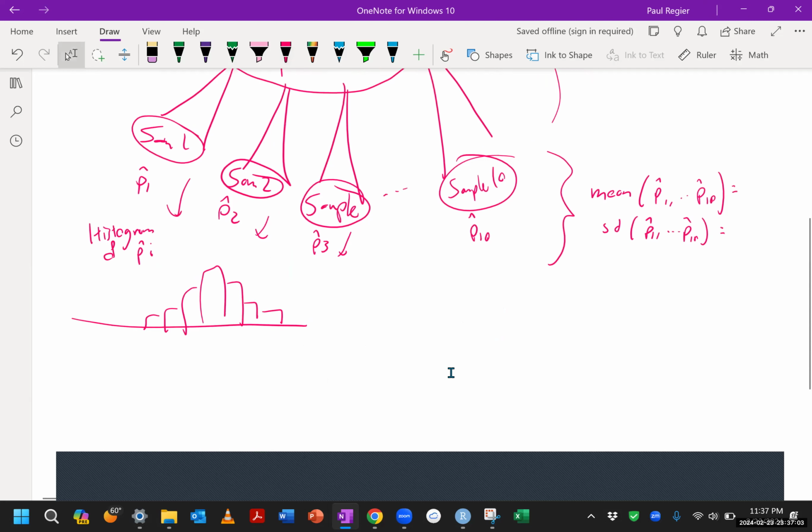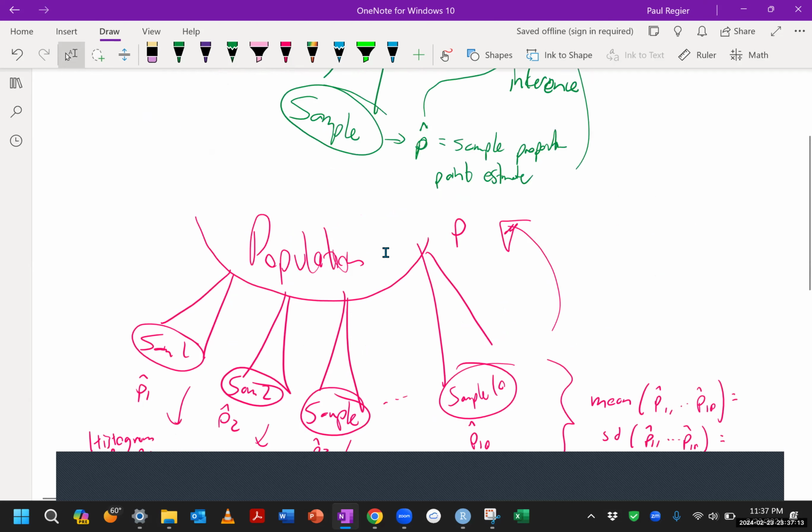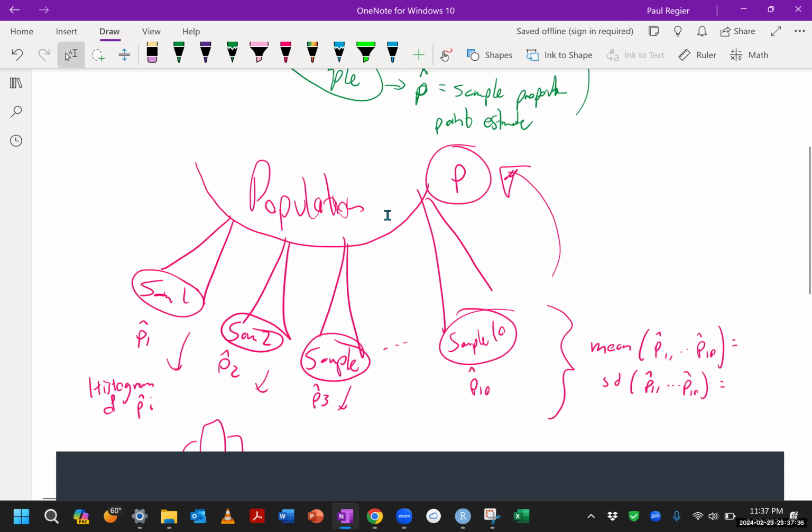We'll often model it as a curve where the middle, there's a theorem that says if I sample many, many times, the middle of that will actually be my population proportion. Then we look at the spread, the standard deviation of the p hat i's, and this gives me information so that I can determine what a plausible range is. If I go 2 standard deviations to the right and 2 standard deviations left, this gives me close to a 95% confidence interval of what we would expect to find in my population.